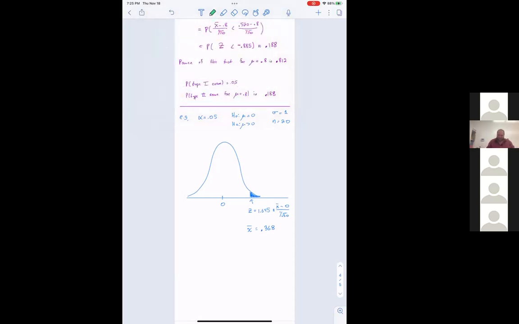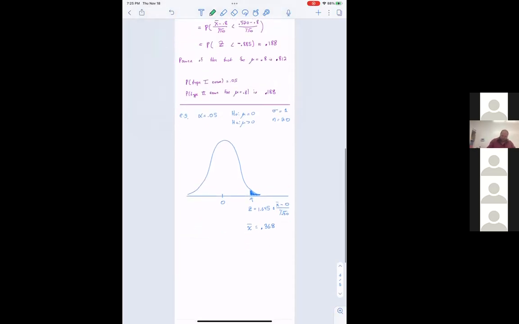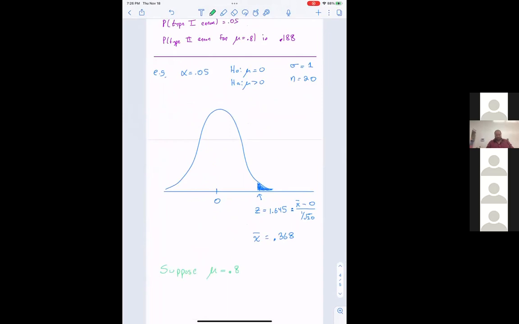Okay, so now suppose that mu is actually equal to 0.8. So where should my normal curve be centered if mu is really equal to 0.8? To the right of the z-score.